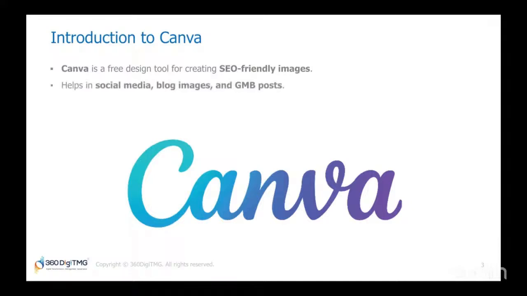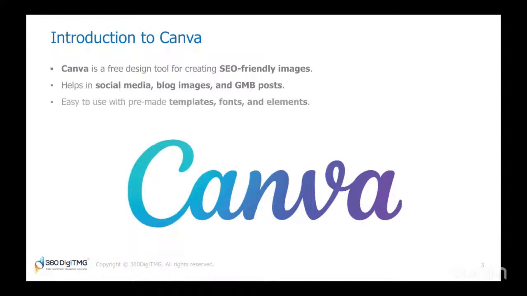Also, with the help of Canva, we can create social media images and social media posts. We can create content planning, a complete one month plan, and we can schedule the complete content. Canva helps with social media, blog images, and GMB posts.